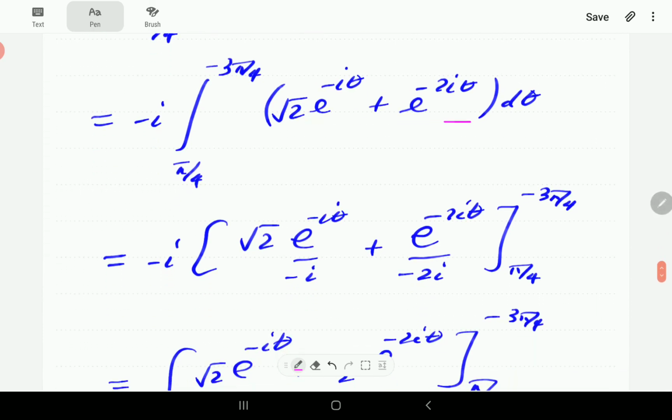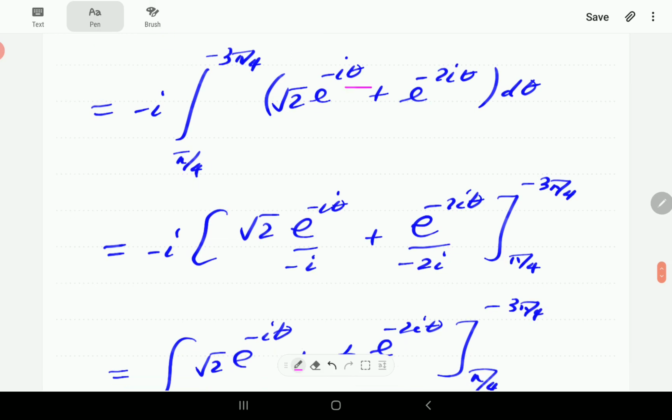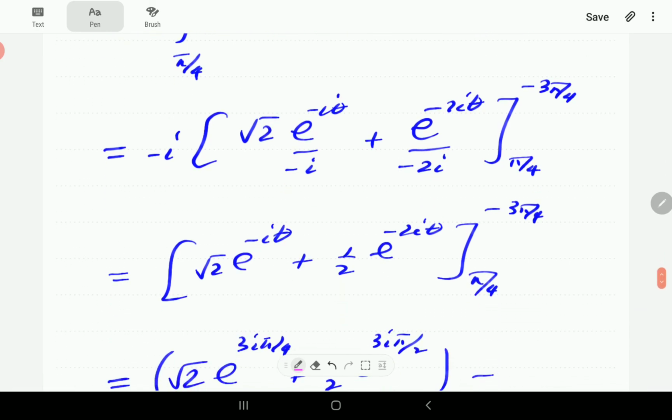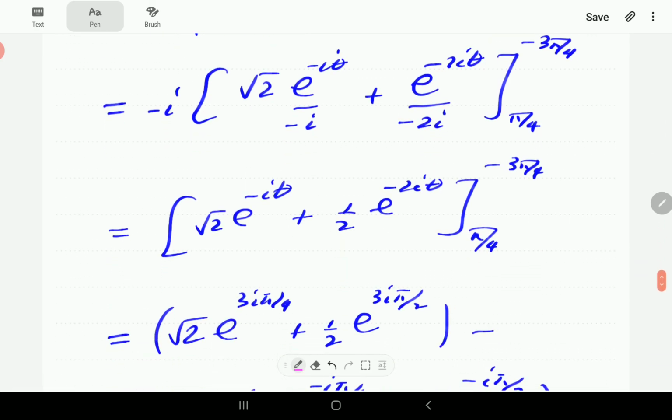And then after that, it's just an integral of theta with respect to theta. So here we're going to divide by negative i, here divide by negative 2i. There is negative i sitting outside, so if we combine those, then the negatives go away and the i's cancel out. So we just have this thing here.